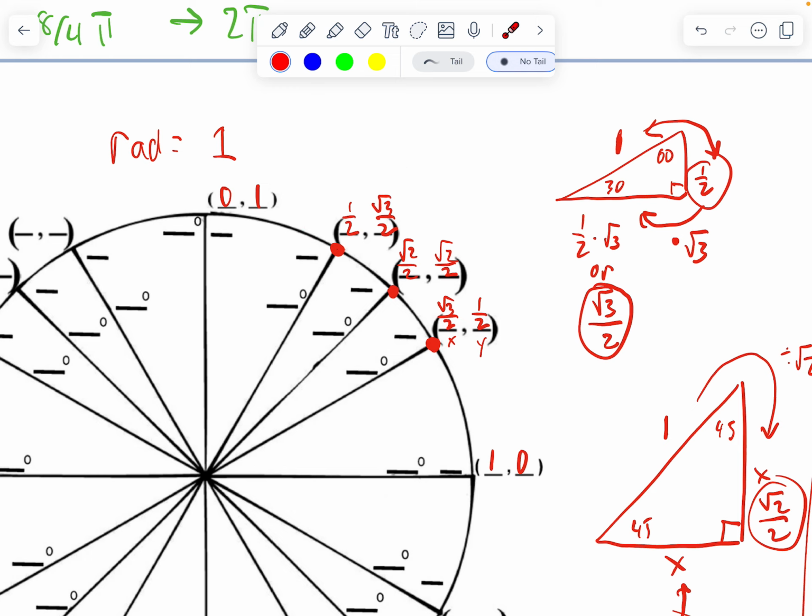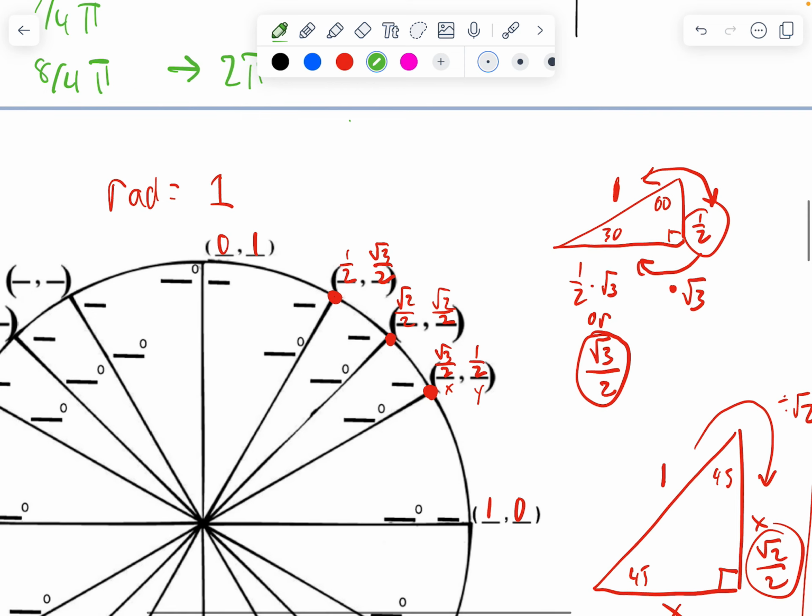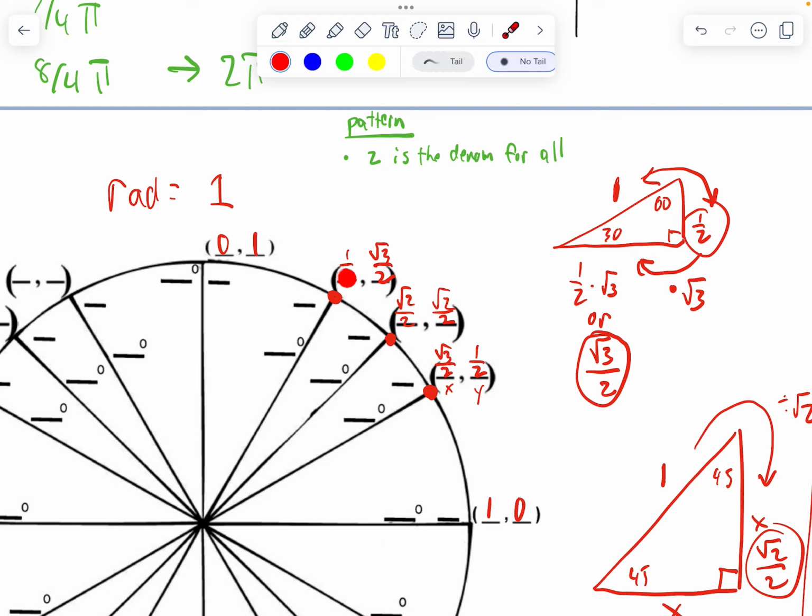But what do you see here as a pattern? And I'll write down some of these ideas. Well, one, we see that 2 is the denominator for all of them, right? If you notice, they're all over 2. So that's nice.